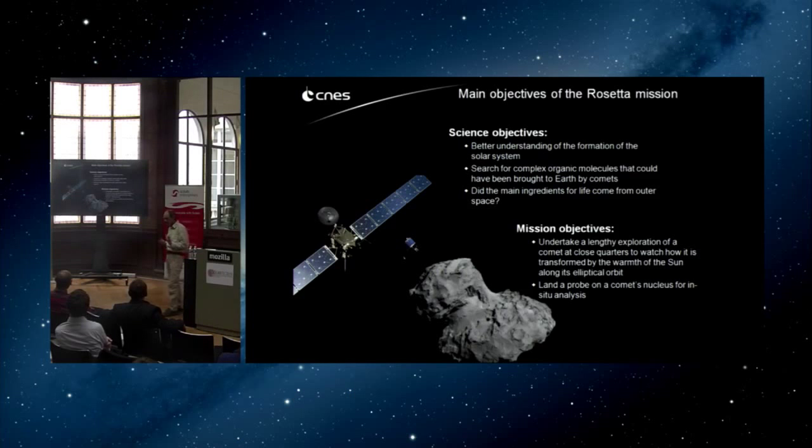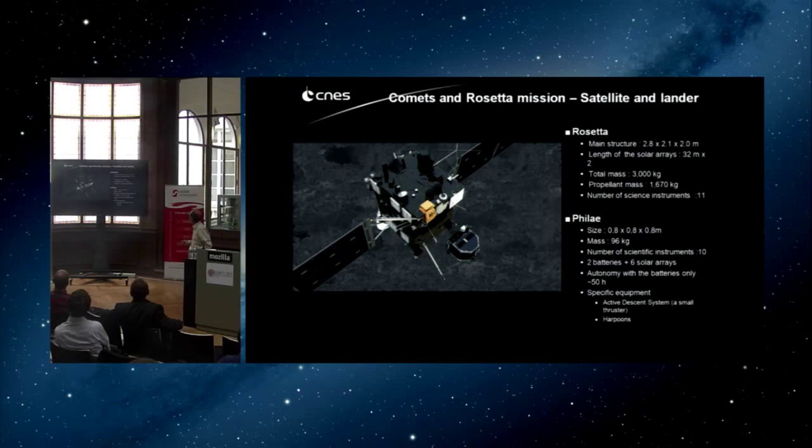And we want also to do these measurements when the comet comes close to the Sun and starts to sublimate, in order to collect the volatiles that are ejected by the comet. There was also another mission objective. It's to put a lander on the comet itself. And this was achieved last year in November.